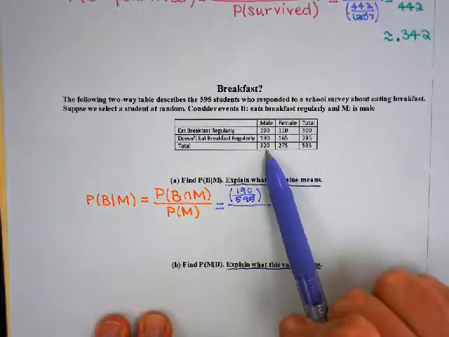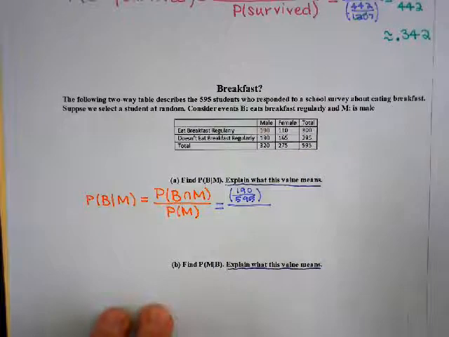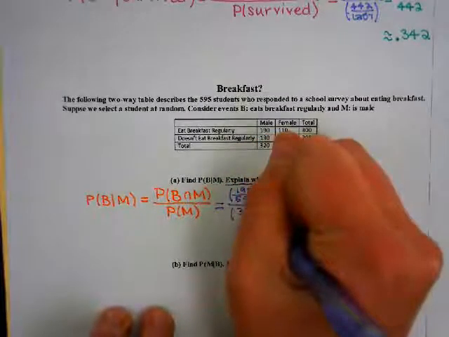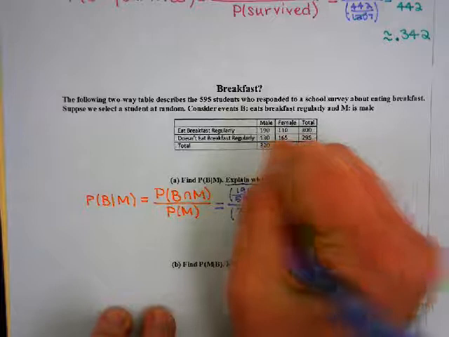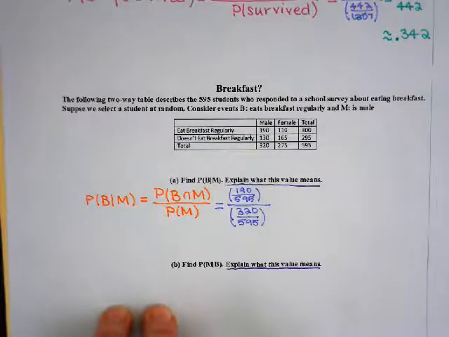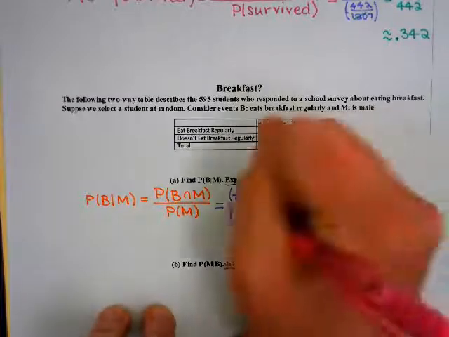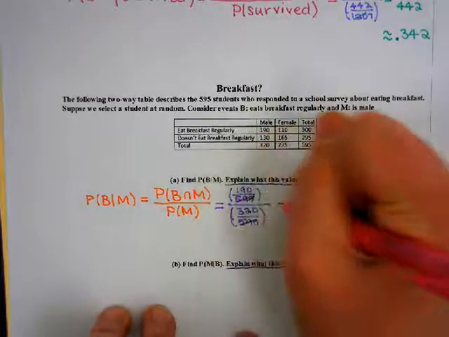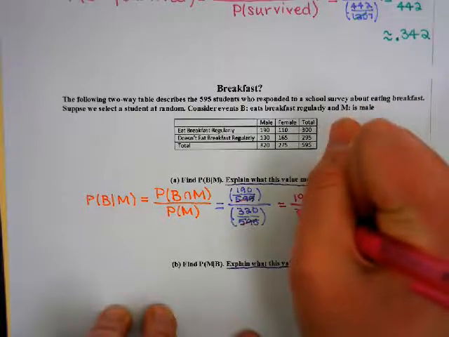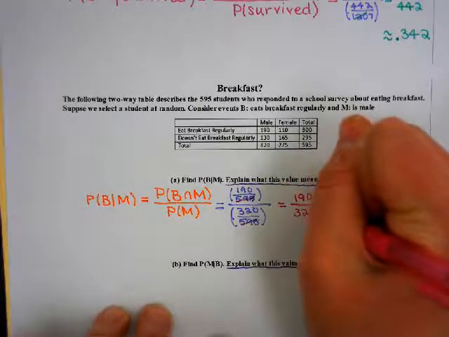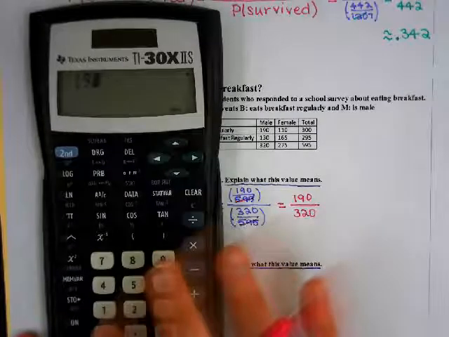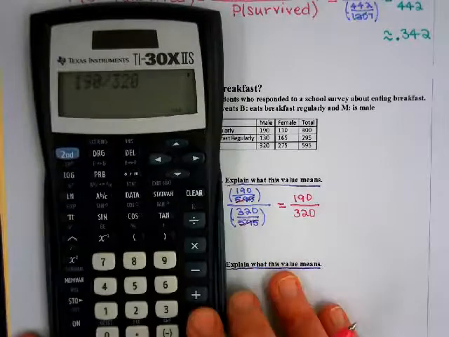The denominators, both being 595, match, so they would cancel each other out, and I get 190 over 320, which is 0.59.